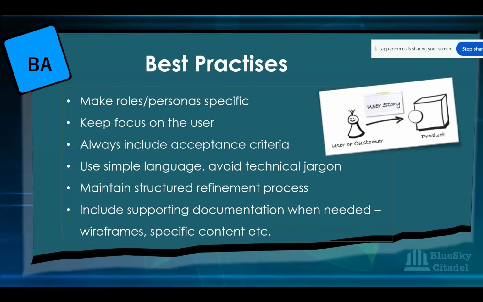Could you review it to make sure that it's correct? It's written the way you want it to be written. It captures all the detail you want it to capture. Once that refinement process is done, it's approved. And once the story is approved, they can start working on it, and all the supporting documentation that comes from it.